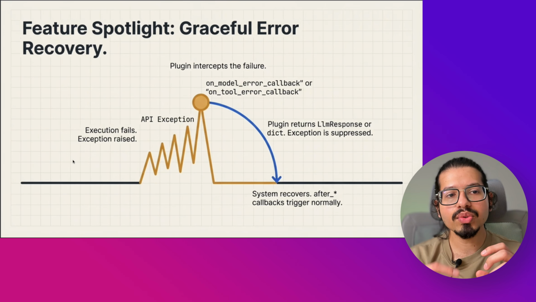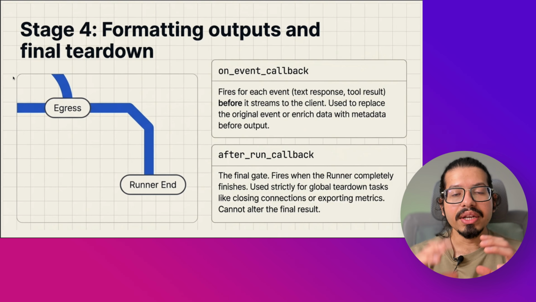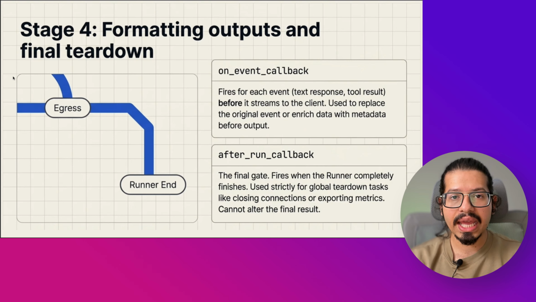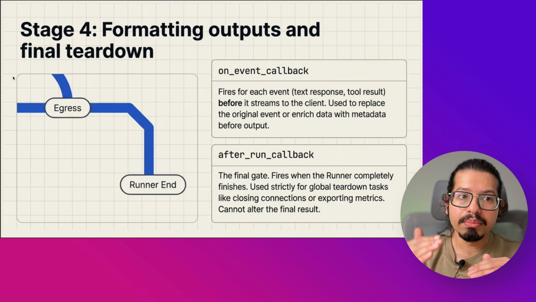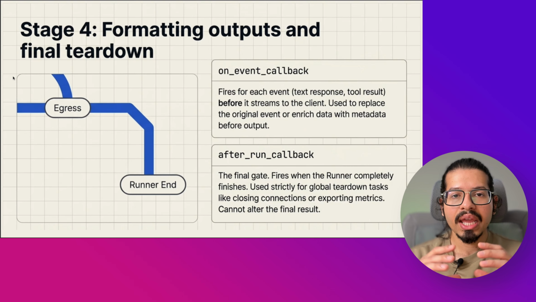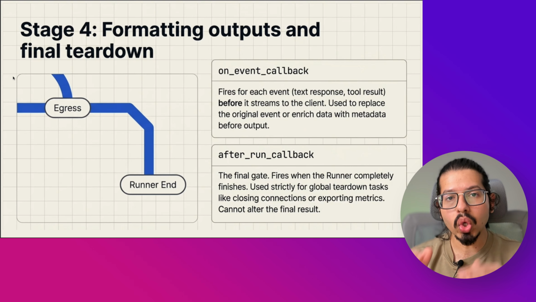Now, after the execution succeeds, there is still one more phase where plugins can act. Near the end of the lifecycle, plugins can shape the output and handle the final cleanup or teardown. The on event callback can intercept each event before it streams to the client, and the after run callback is the final hook for teardown work like flushing the metrics or closing resources and connections.